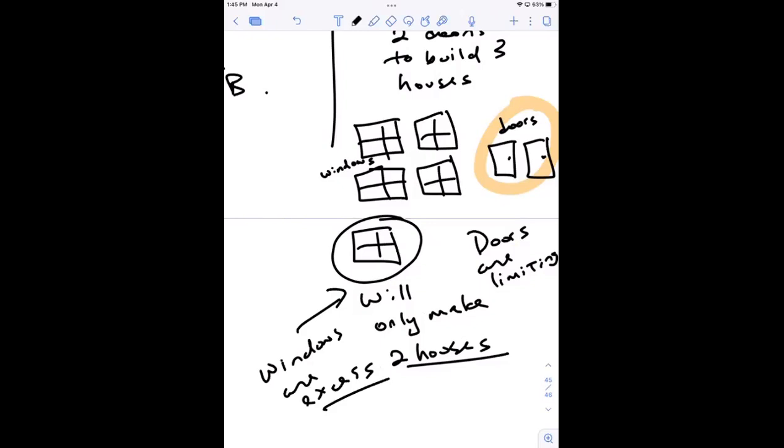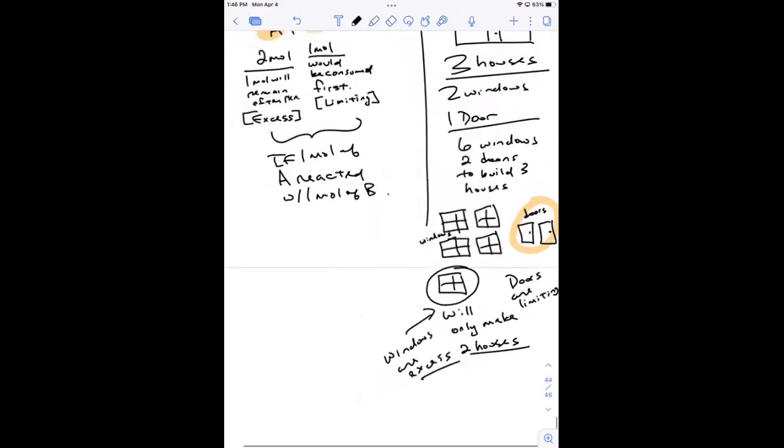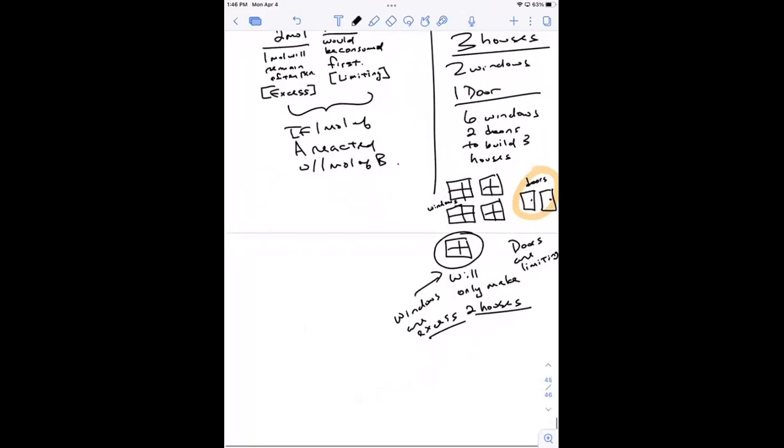When that bread runs out, I can't make any more sandwiches. So the bread is going to be limiting. The bologna will be in excess. So that's how this works. Once the reagent, whichever one it is, runs out, the reaction stops. Once the limiting reagent runs out, that's the end of the reaction.